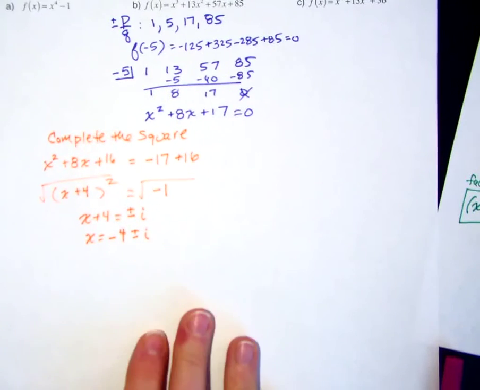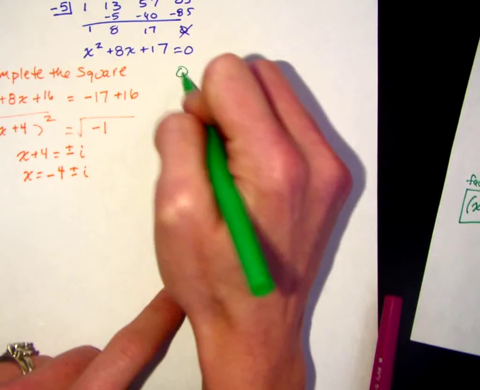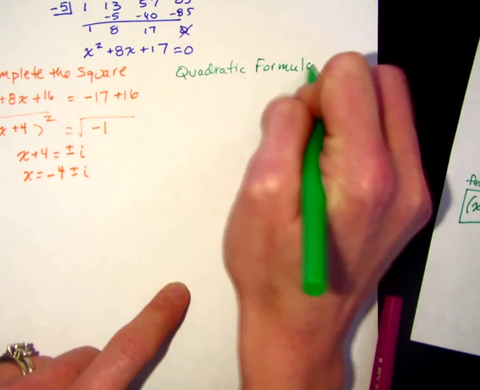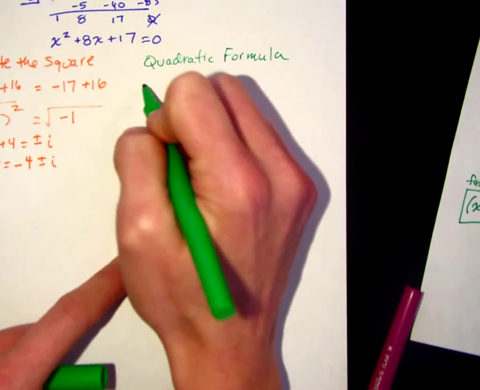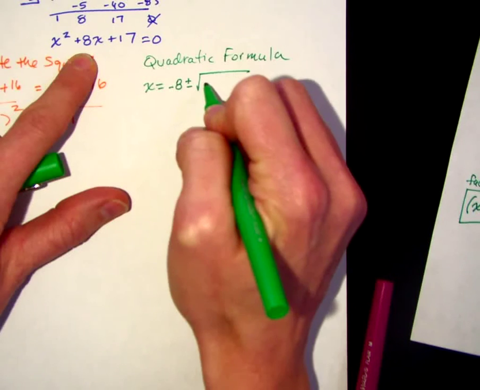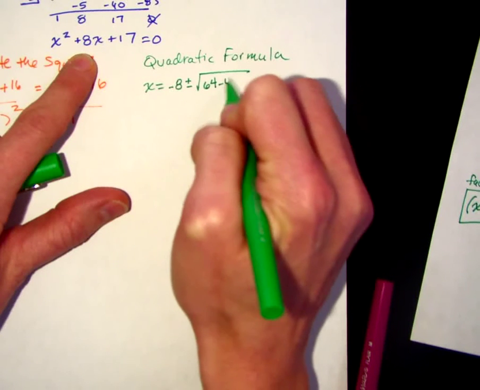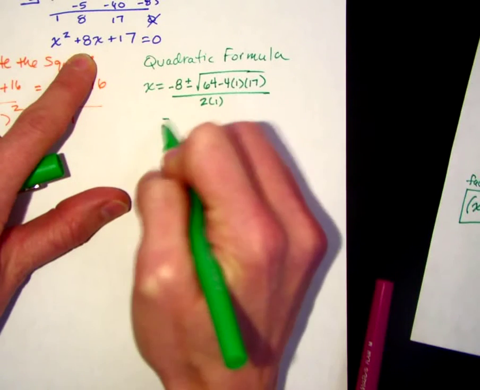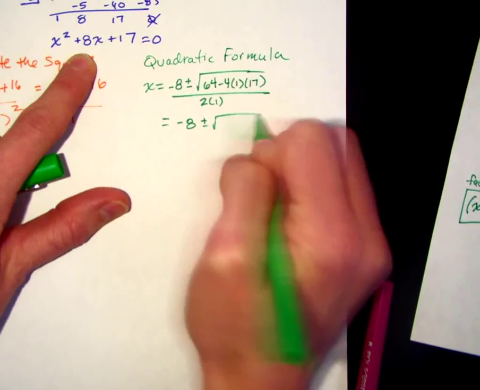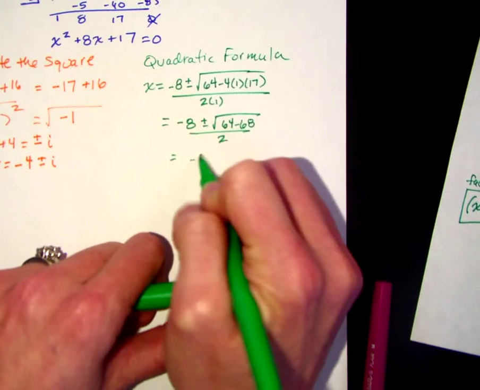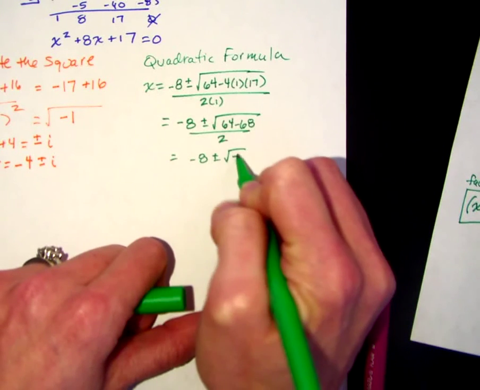Just because I'm used to it, I do find myself leaning towards the quadratic formula. So in this case, I get x equals the opposite of b plus or minus the square root of b squared minus 4 times a times c, all over 2 times a. So that's -8 plus or minus the square root of 64 minus 68 over 2, which is -8 plus or minus root -4 over 2.